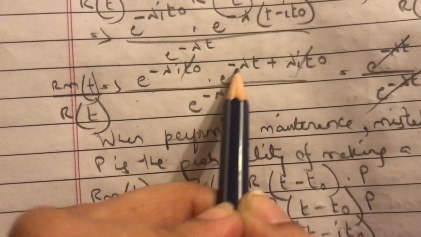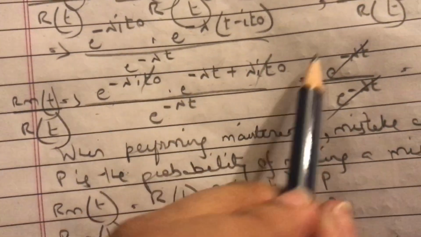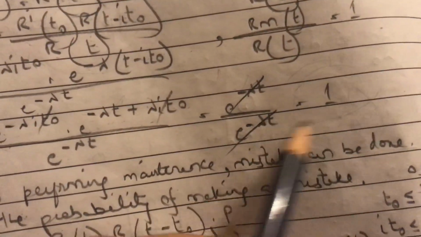And we have e to the minus lambda t remaining here and e to the minus lambda t remaining here, so they also cancel out, and what remains is 1. So the answer we got is 1.